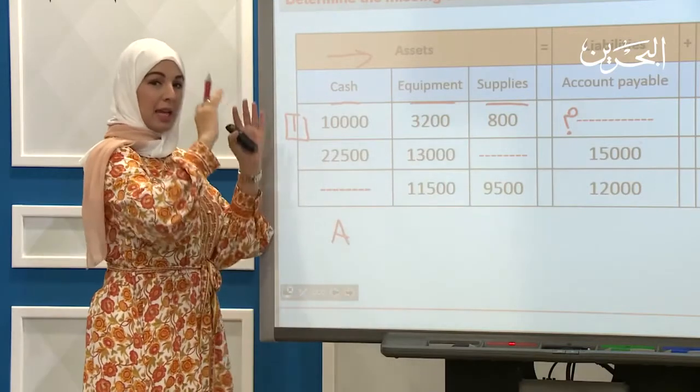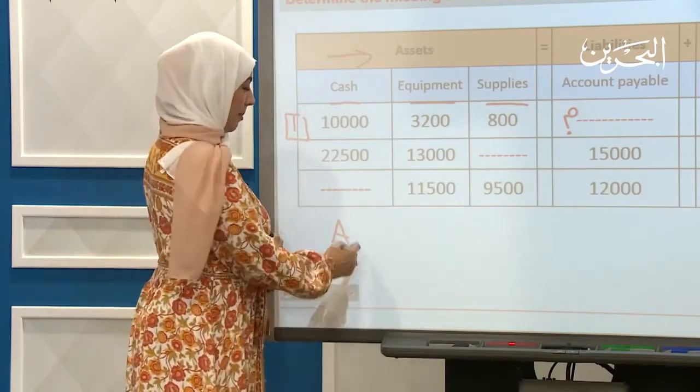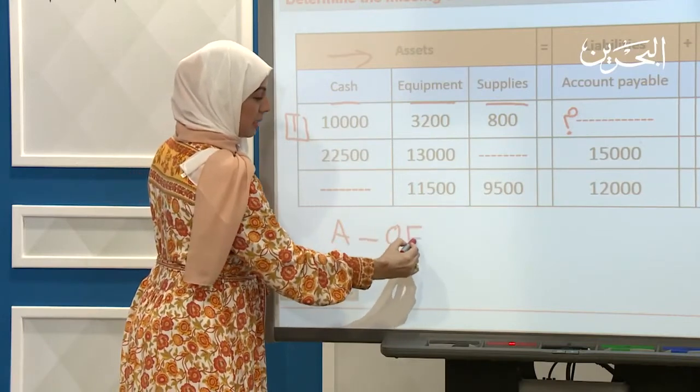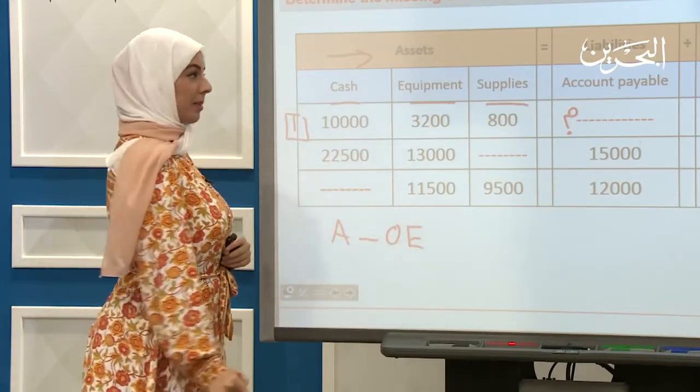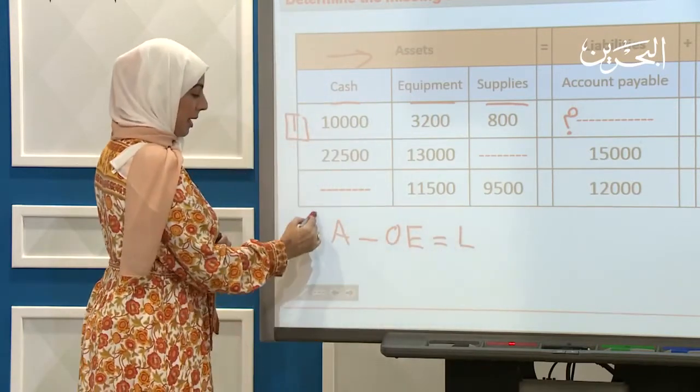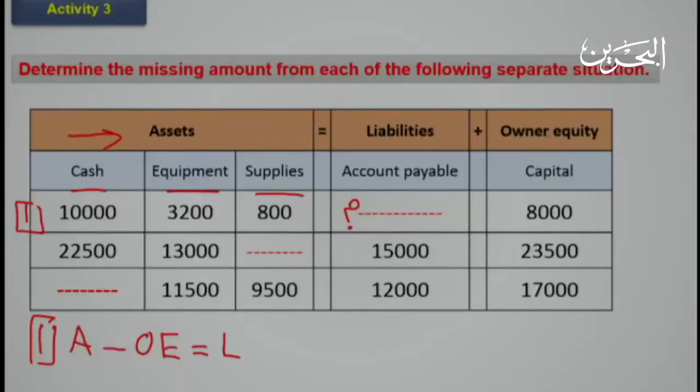I should take the total of assets and subtract the owner equity from it, which is 8,000, and I will get the liability.